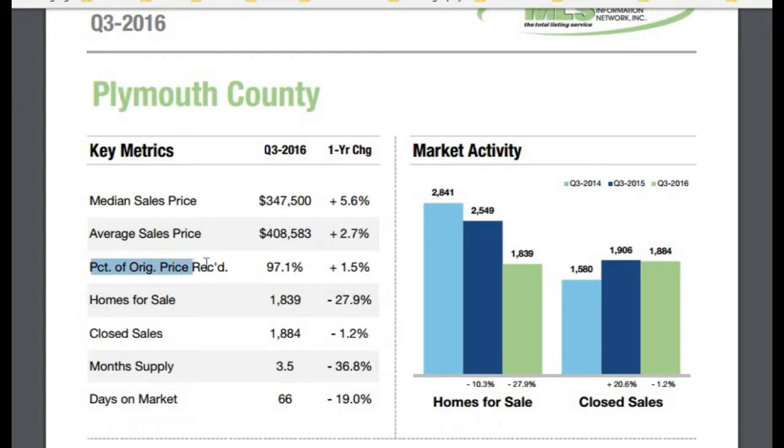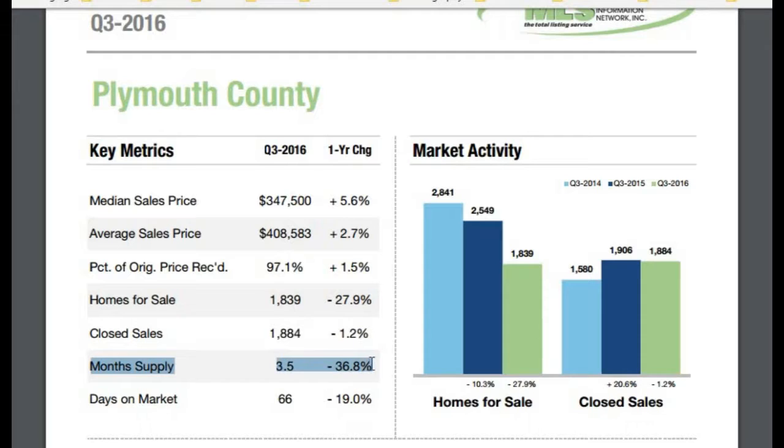Percent of original price received, remember this is one of the key metrics you want to get from these reports, shows all homes at 97.1, sales price versus the listing or asking price. Number of homes for sale is 1,839, almost a 28% drop from the third quarter of 2015. Number of closed sales is 1,884, almost the same as the third quarter of 2015.